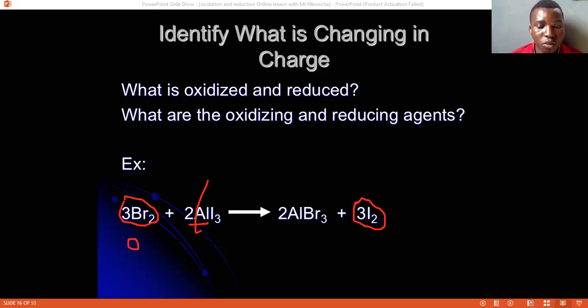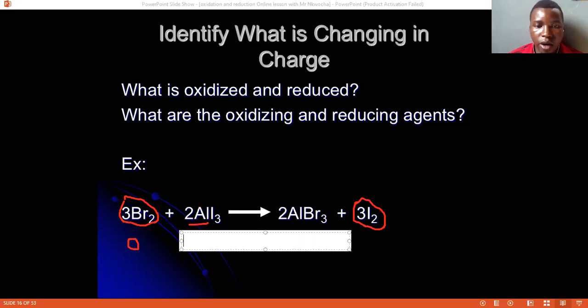So aluminum is plus 3, Al. We have two of them, so the two will always be there. I don't like putting it, but because of my critical students, you have three iodine, so I put the I in brackets so that you know that it's iodine. So the charge here is equal to zero.